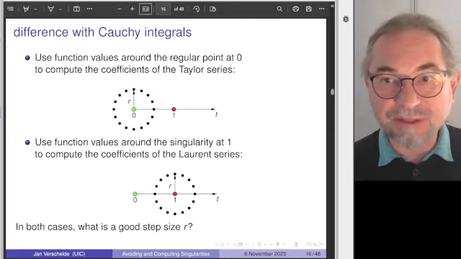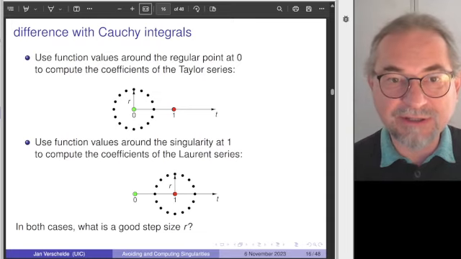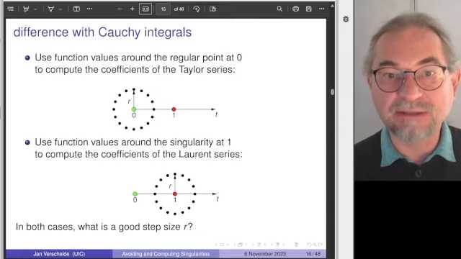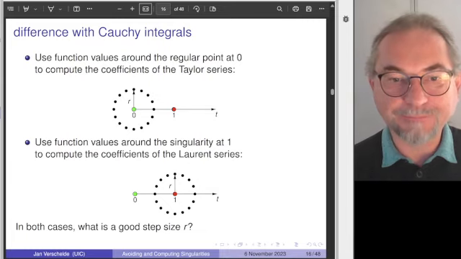The perspective that is taken in this lecture is the picture above. So we are actually starting from a Taylor series, and we want to decide how many coefficients we need to know to notice that there is a singularity at 1.